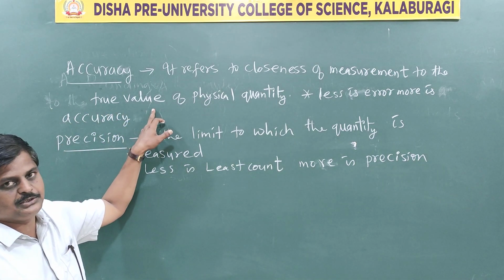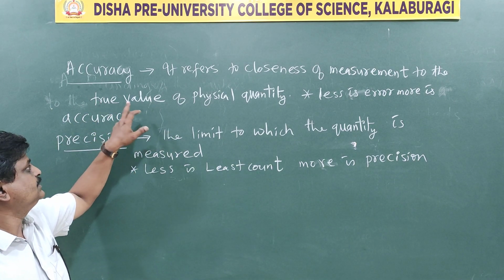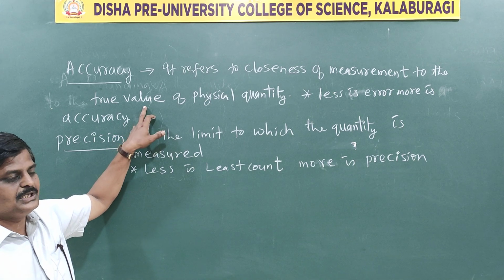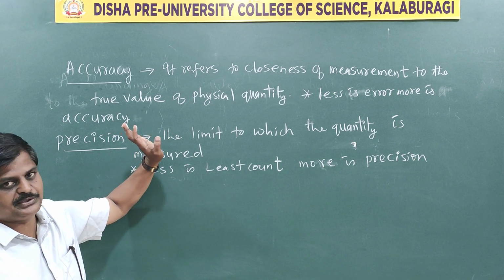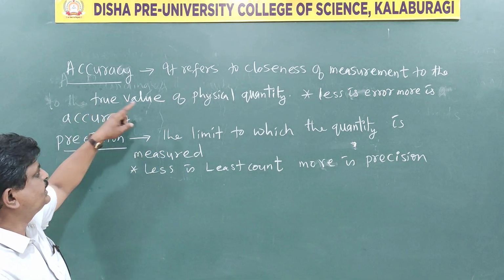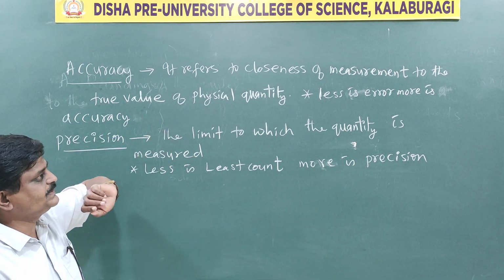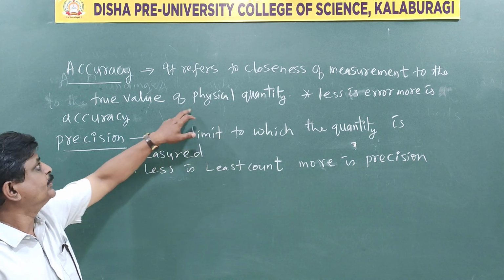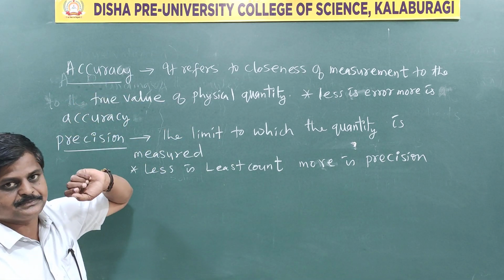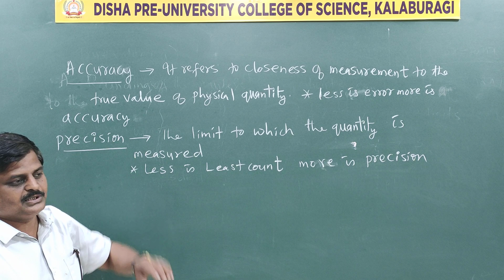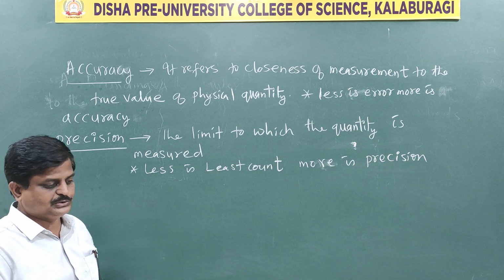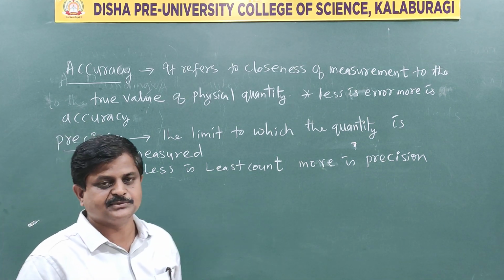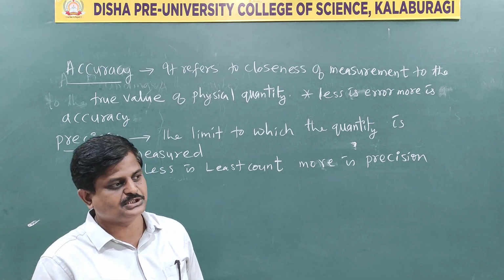What is the true value? This is the value, we can call it a standard value of reference. So it refers to the closeness of measurement to the true value of a physical quantity. We refer to it as accuracy. So for example, the standard value of a measurement for acceleration due to gravity is how much?